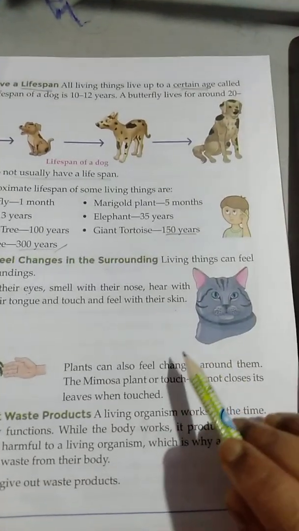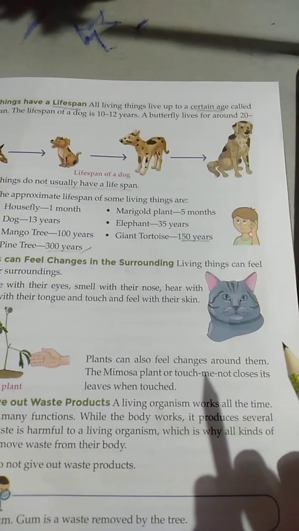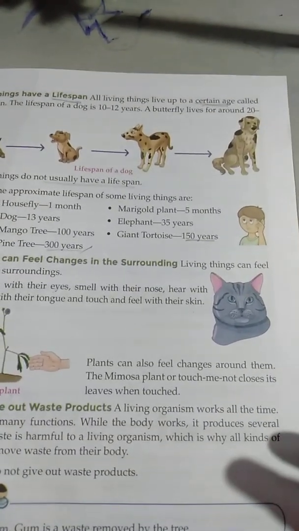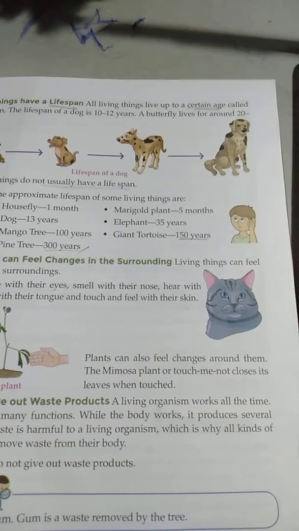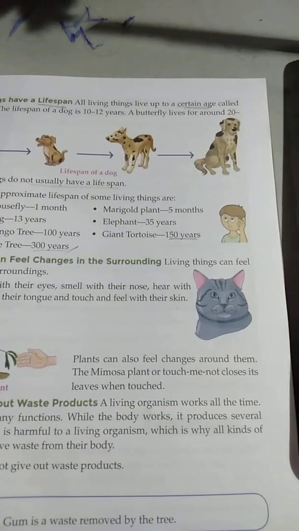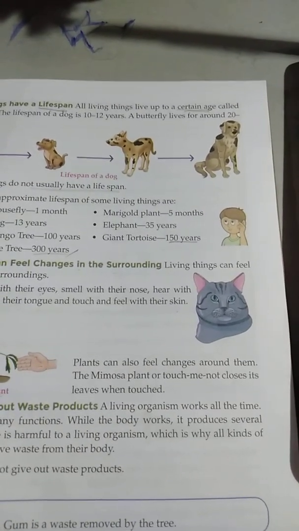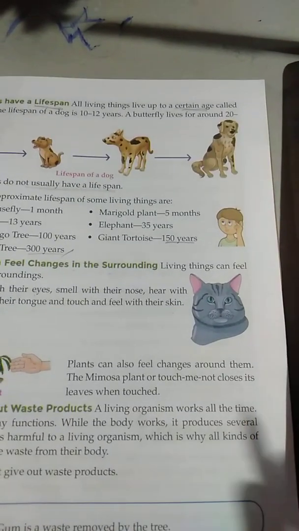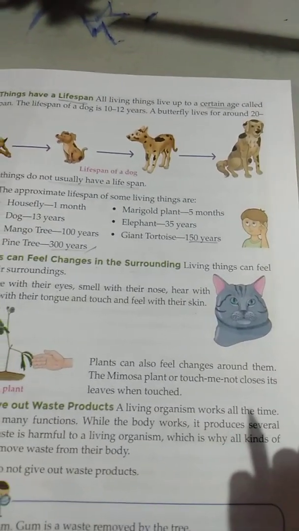So they also feel the changes around us. If you have seen a sunflower, the sunflower rotates towards the direction of the sun. So they feel the change in their surrounding.